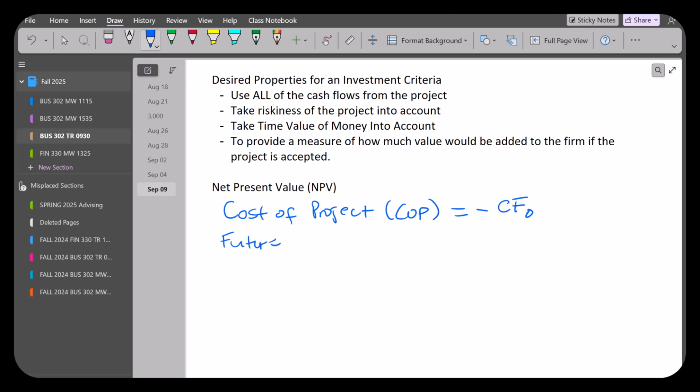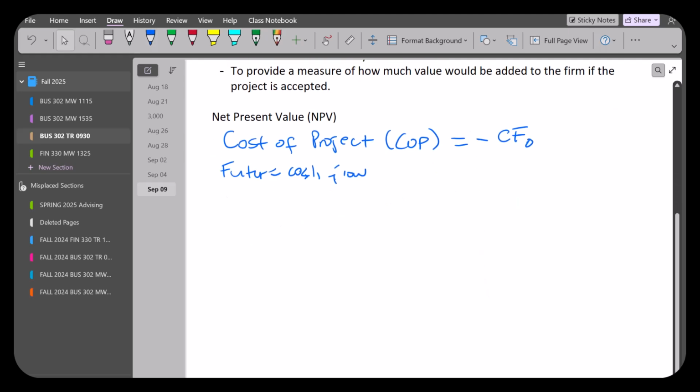And we have future cash flows for n years.